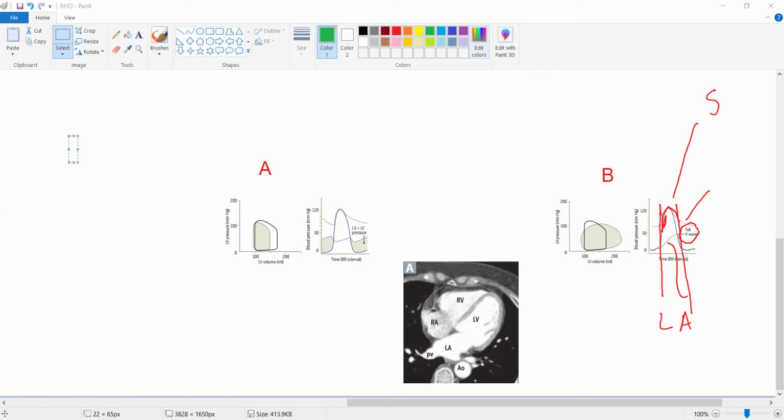Now, based on that principle, is it also fair to say that we can expect an increase in the ejection fraction?